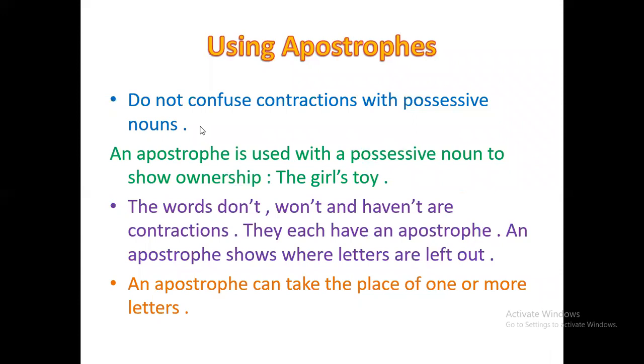Now let's talk about using the apostrophe. We don't want you to feel confused between the contractions and the possessive nouns. What's the meaning of possessive nouns? Do you remember?